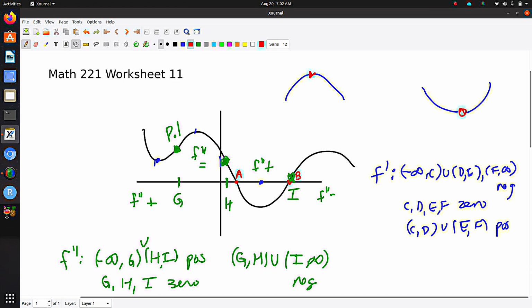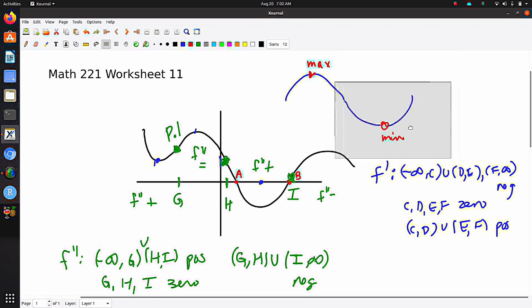Okay? So when you join increases and decreases, you get maxes and mins. And this is a min. And if I join a piece that's concave, this whole thing is now concave down and this whole piece is concave up. If I join those pieces, I get a point of inflection.